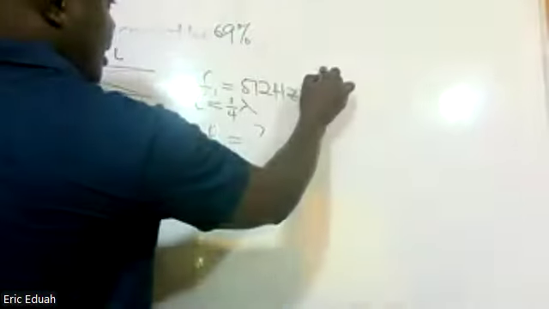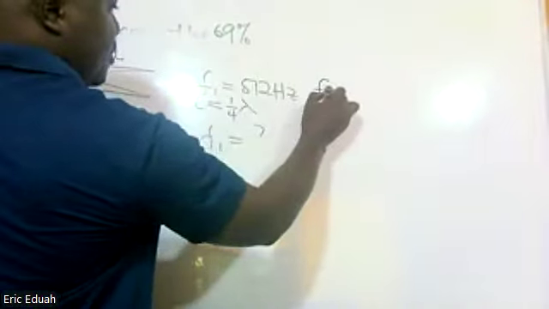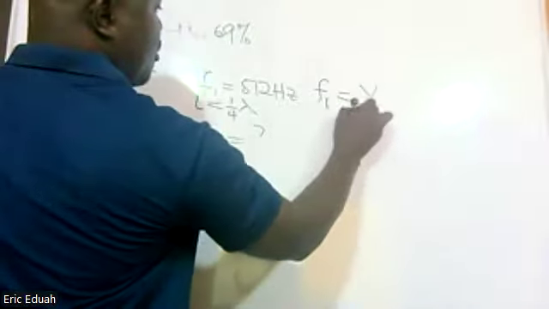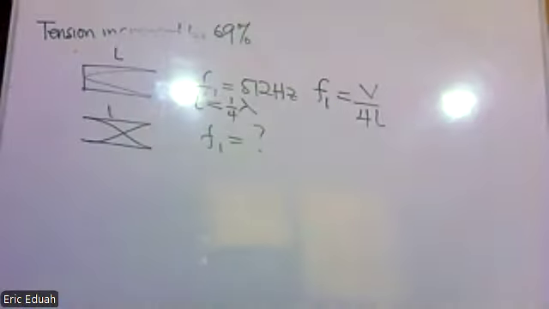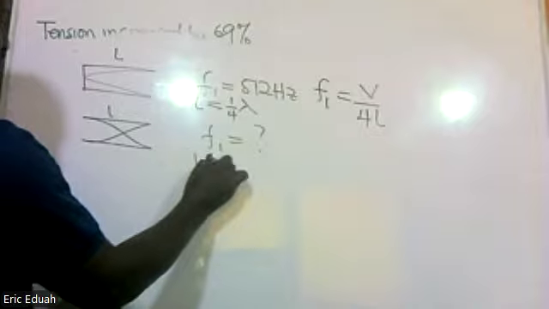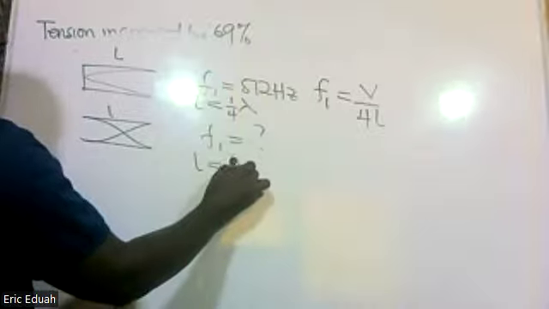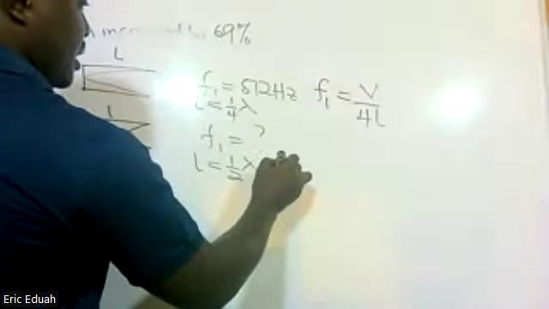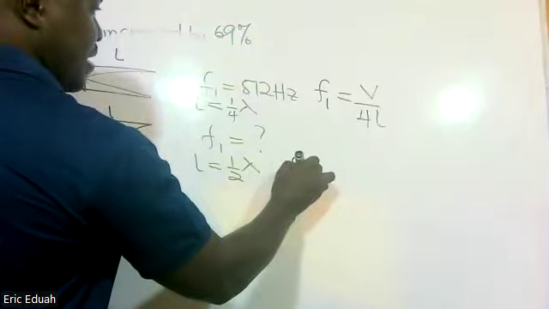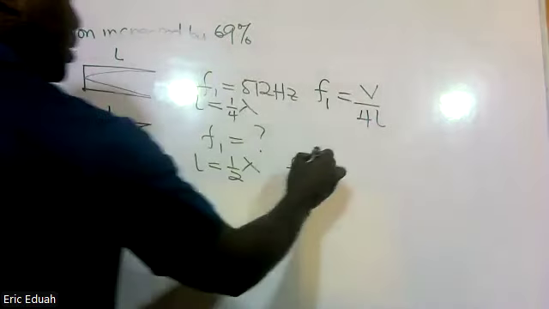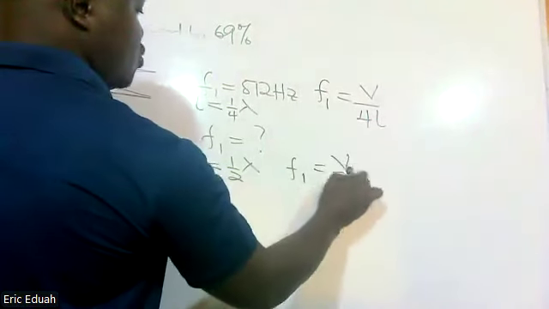So F1 here will be equal to V on 4L. For the open tube, this same length L is equal to half of lambda. So F1 here would be equal to V on 2L.